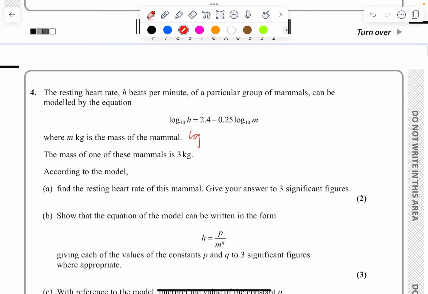I'm not sure. Equals 2.4 minus log 10 m to the 0.25 power. Then, oh yeah, we do move that over here because log 10 h plus log 10 m to the 0.25 equals 2.4, right?